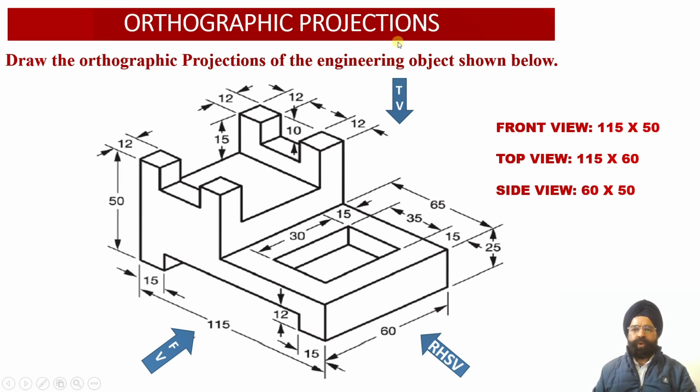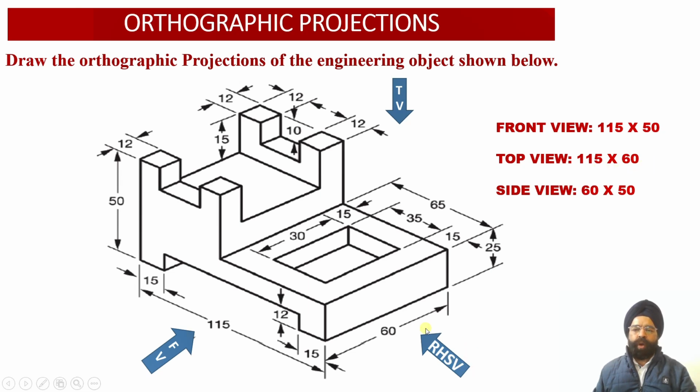Similarly, when we look at the solid from the top view orientation, we observe that the width of the solid is 115 millimeter while the depth of the solid is equal to 60 millimeter. So the top view face of the solid will have the dimensions 115 millimeter by 60 millimeter.